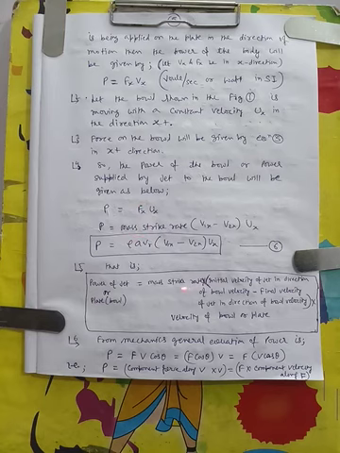I have written this in words: mass strike rate into initial velocity of jet in direction of plate velocity minus final velocity of jet in direction of plate velocity into velocity of plate. So this equation is very helpful for finding out the power.